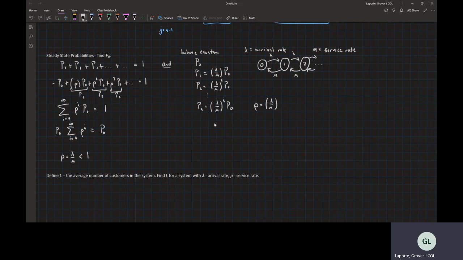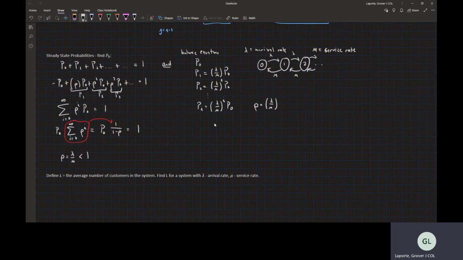This will be P0 times 1 over 1 minus rho is equal to 1. So all I did was take the result that we already talked about and put that in for that summation sign. And now we can simply solve for P0.